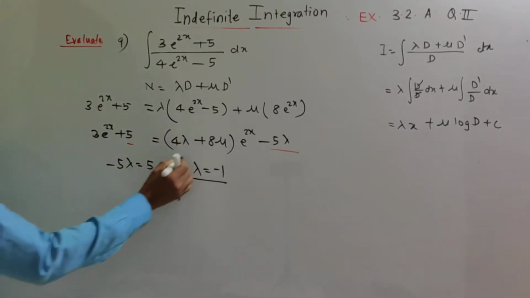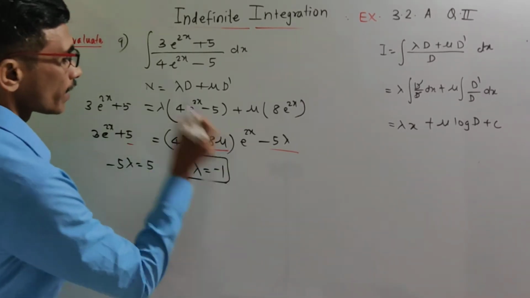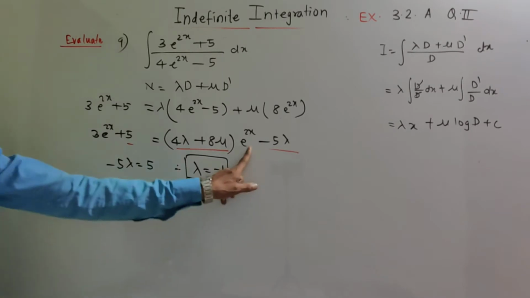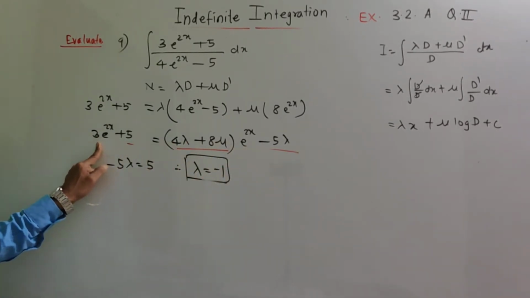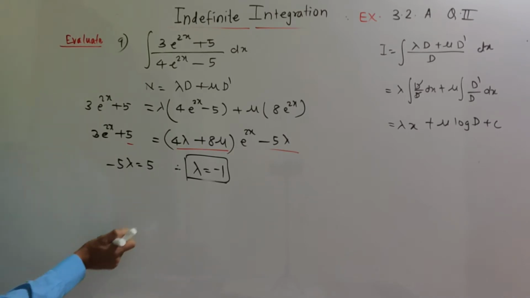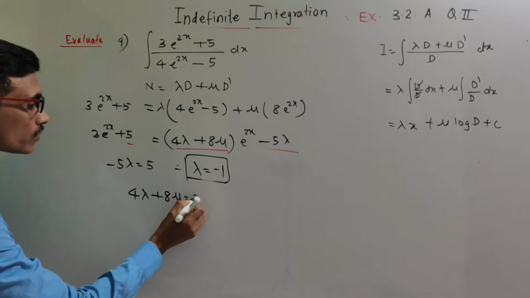After getting lambda, we find mu. See here, 4 lambda plus 8 mu, that is the coefficient of e^(2x). Here the coefficient of e^(2x) is 3. 4 lambda plus 8 mu is equal to 3.